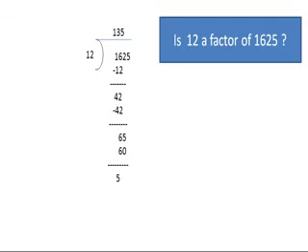This is the way we find out कि हम किसी number को कितना add करें या subtract करें कि वो दूसरे का factor हम बना सकें. So 1625 is not a factor of 12.